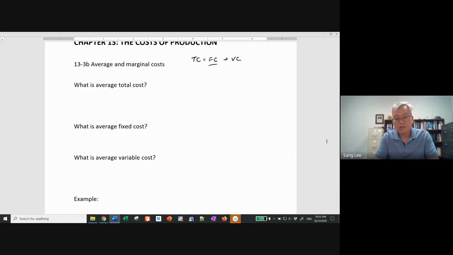Examples include, for example, labor. To produce more output, you need to use more labor. So you got to spend more money on labor. So typically, the labor cost will increase as you produce more output, and the labor costs will go down as you produce less output.